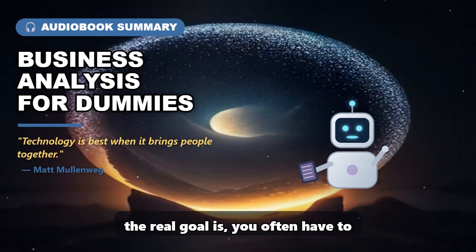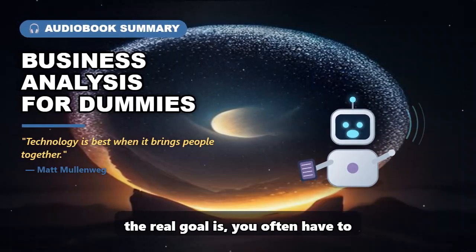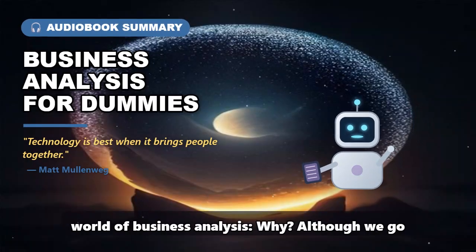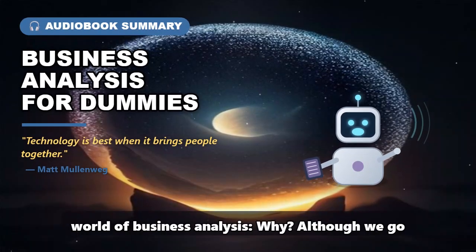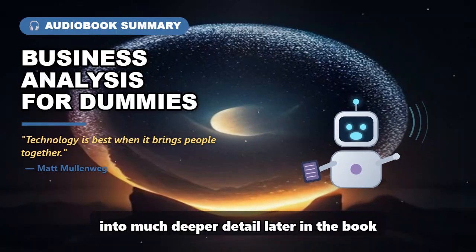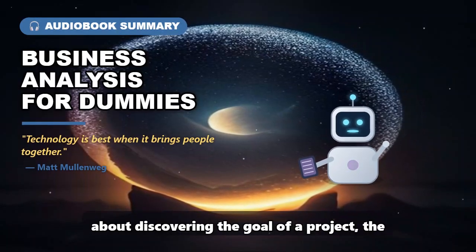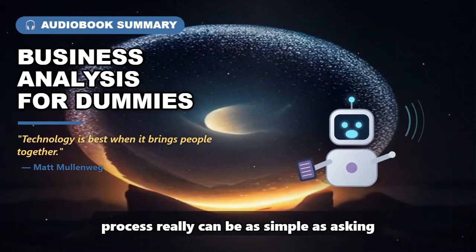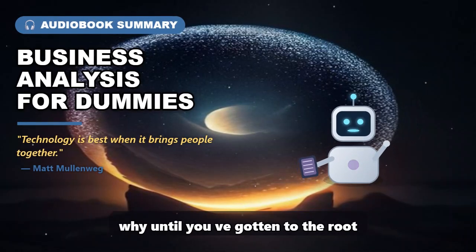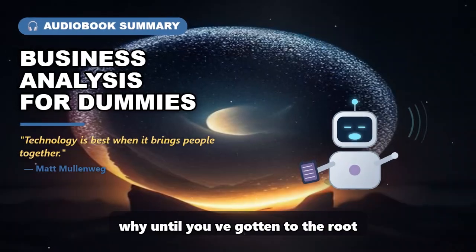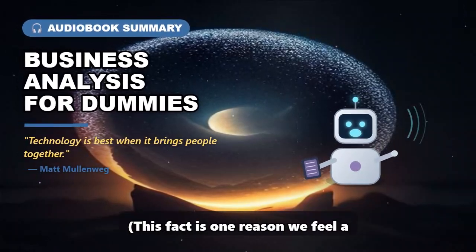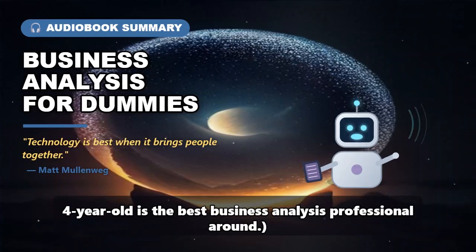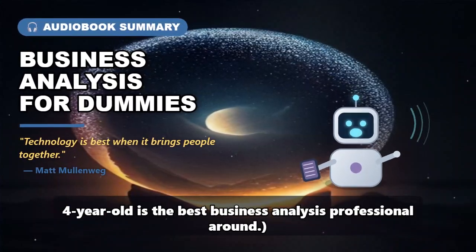In order to determine what the real goal is, you often have to employ the most frequently asked question in the world of business analysis: why? Although we go into much deeper detail later in the book about discovering the goal of a project, the process really can be as simple as asking why until you've gotten to the root of the issue. This fact is one reason we feel a 4-year-old is the best business analysis professional around.